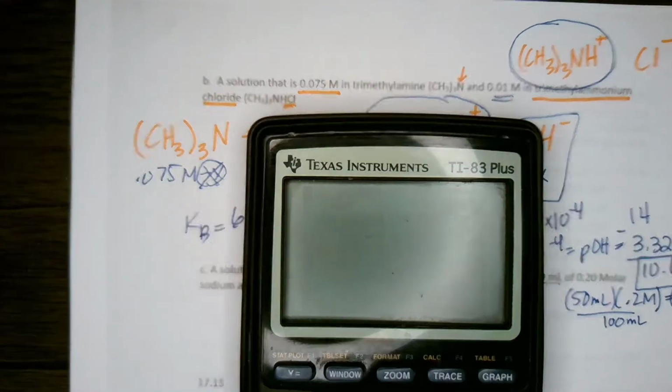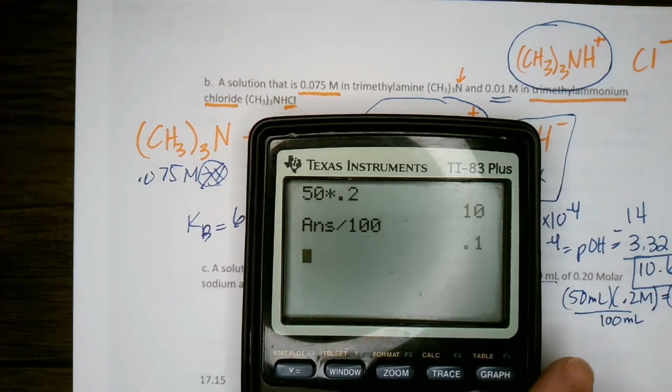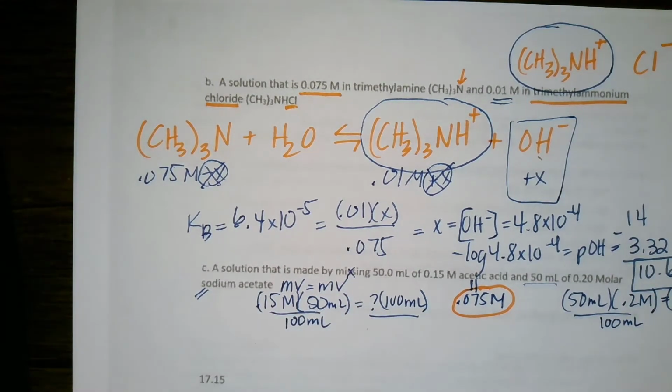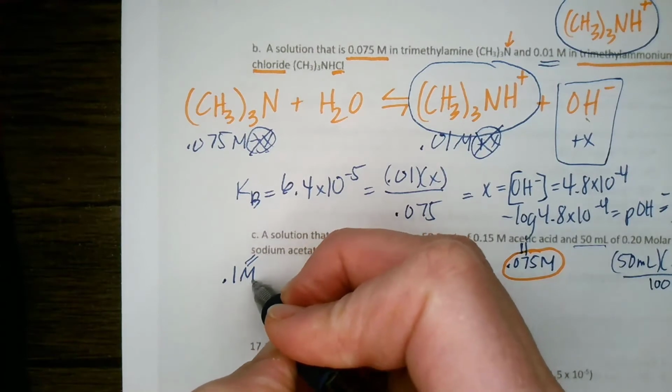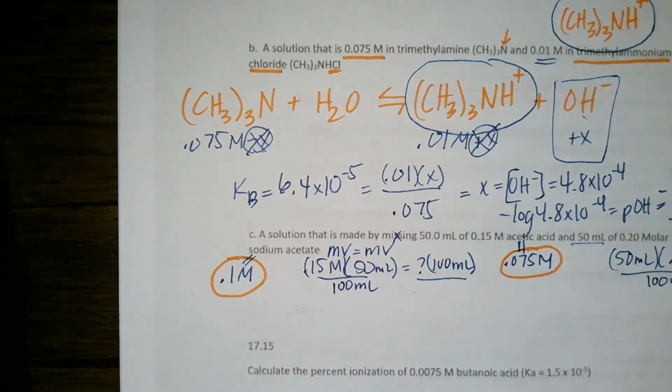So we'll divide both sides by 100 again. So let's do 50 times 0.2 divided by 100. And we get a molarity of 0.1 for my sodium acetate. So I'm just going to put that over here. 0.1 molar of sodium acetate.